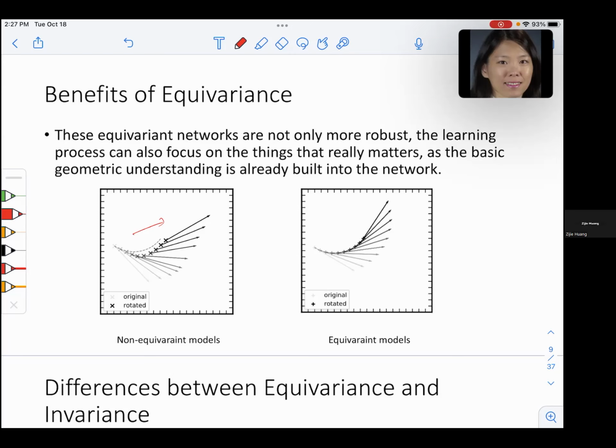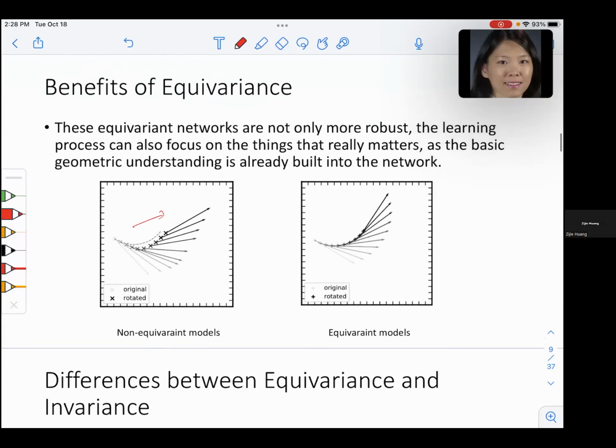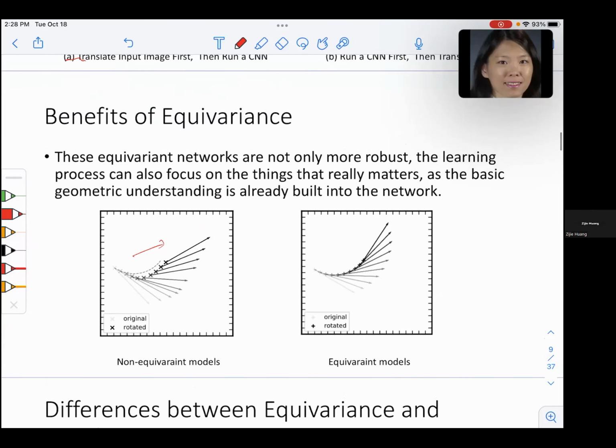But for equivalent models, with a special design of the neural network architecture, the model itself can very precisely predict the corresponding output when we rotate the input. Those are just some slides adopted from my previous discussion.